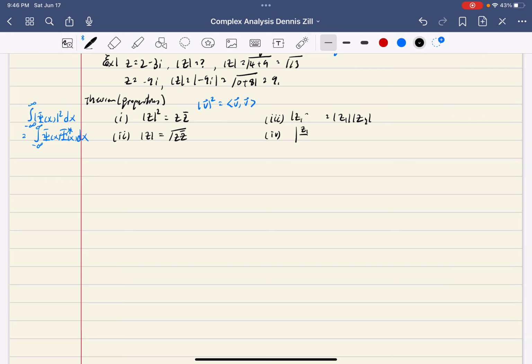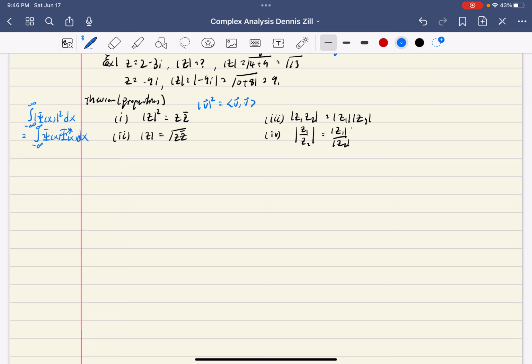That is z1 z2, there's no conjugate, sorry, I wrote it incorrectly. That is equal to z1 divided by z2, just divide it.